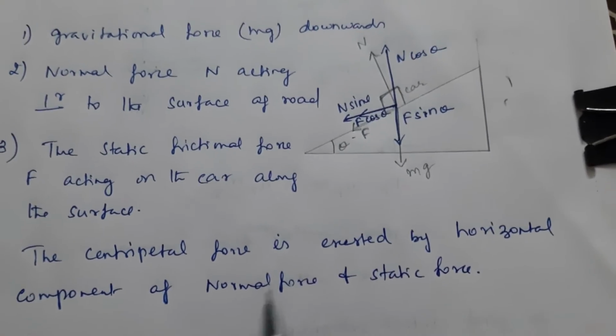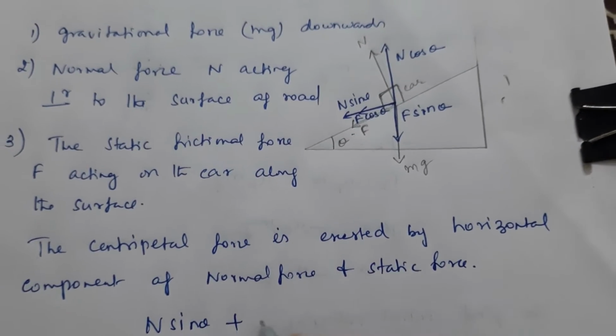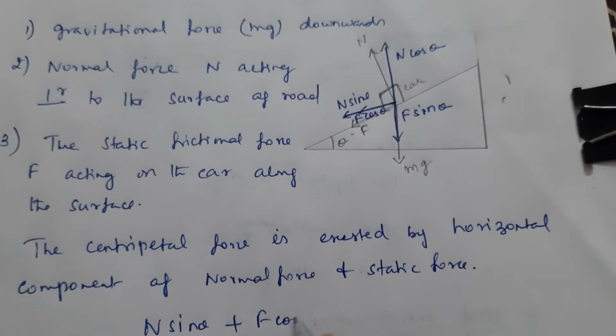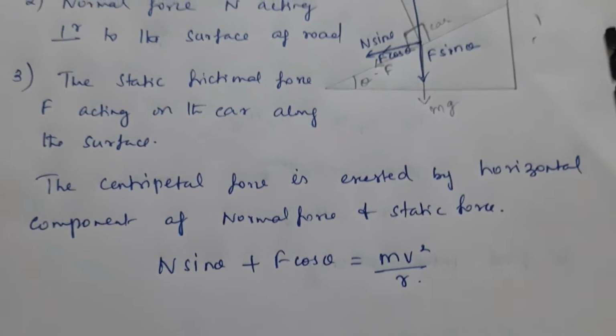So we can write n sin theta plus f cos theta. These two forces are providing the centripetal force, so it is mv square by r.